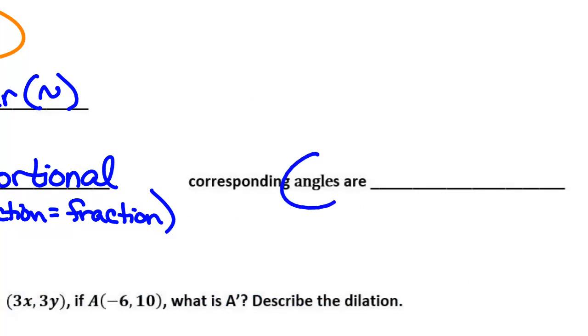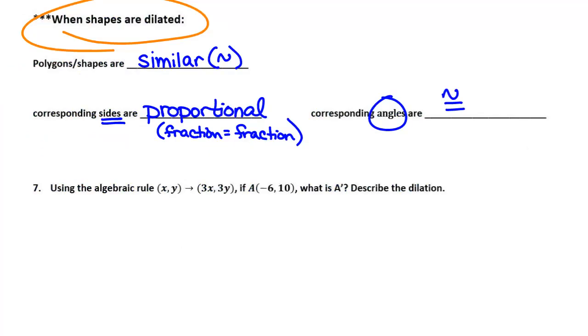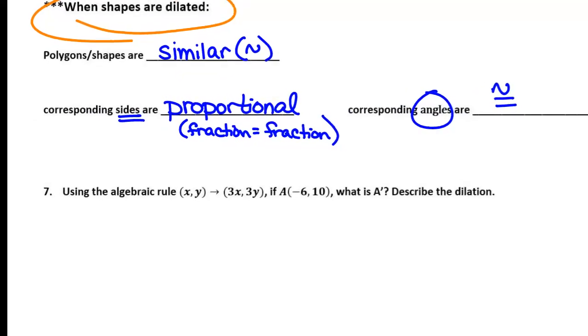Corresponding angles, though, are congruent. The angles being congruent is what keeps my shapes the same shape. That's why it doesn't become a different shape when I do a dilation. The sides are proportional, they change size, but the angles are going to be the exact same size. They're going to be congruent.